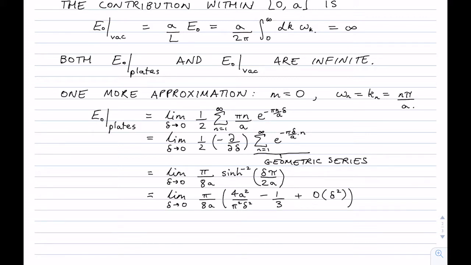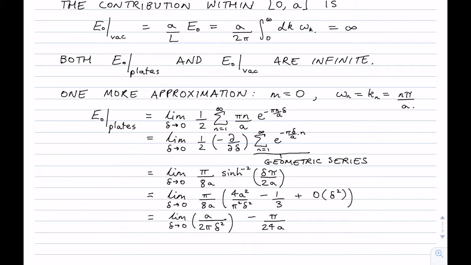And so you can see that the first term there is indeed infinite. It's a over 2 pi times delta squared. And the second term doesn't depend on delta at all. It's just minus pi over 24a. And then all the higher terms have disappeared because they're of order delta squared, delta to the 4, and so on.